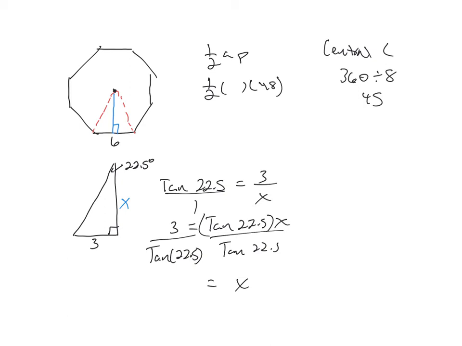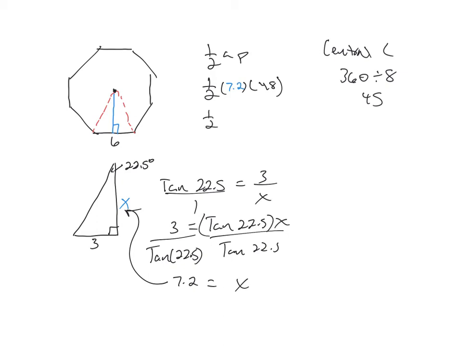I'm trying to see what the book usually rounds off to. It appears to be a tenth, so we'll go 7.2. Okay, and so that is the apothem, which means up here I'm going to do 7.2.